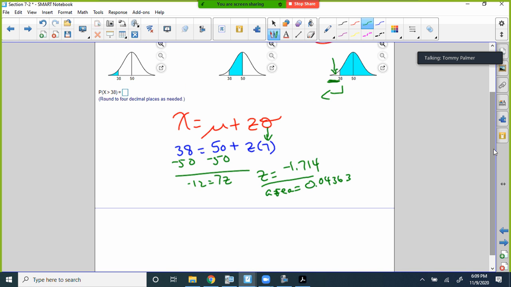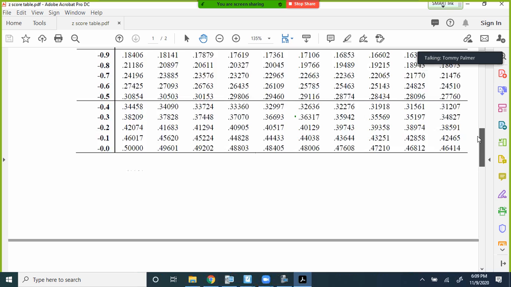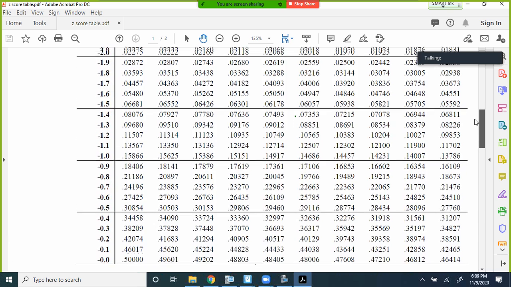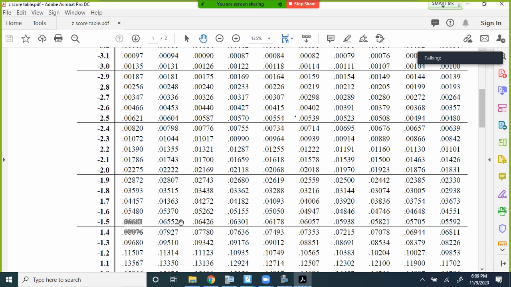If you go look at your z-score table, negative 1.7, it's right here, negative 1.7. That's 0, 1, right there. You'll see where I got the value.